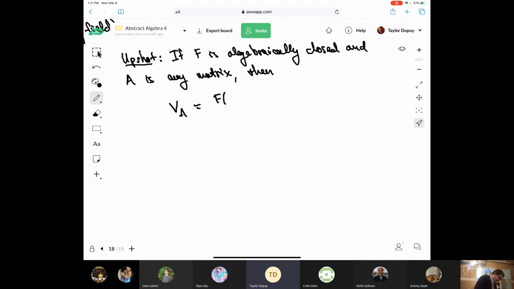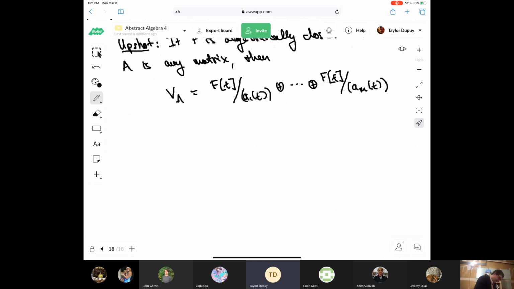It looks like F[T] mod A1(T) direct sum through F[T] mod Am(T). And then each of these blocks breaks down further.